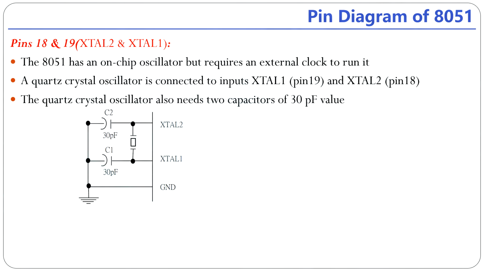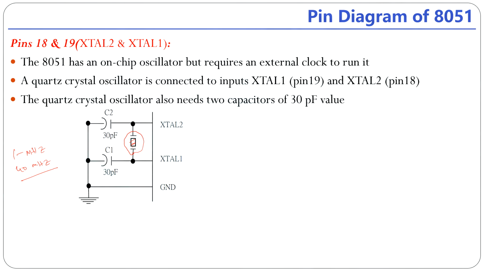So here XTAL1, this is the quartz crystal. The crystal frequency should be between 1 megahertz and 40 megahertz. Based on our requirement, we need to connect a crystal of the required size.